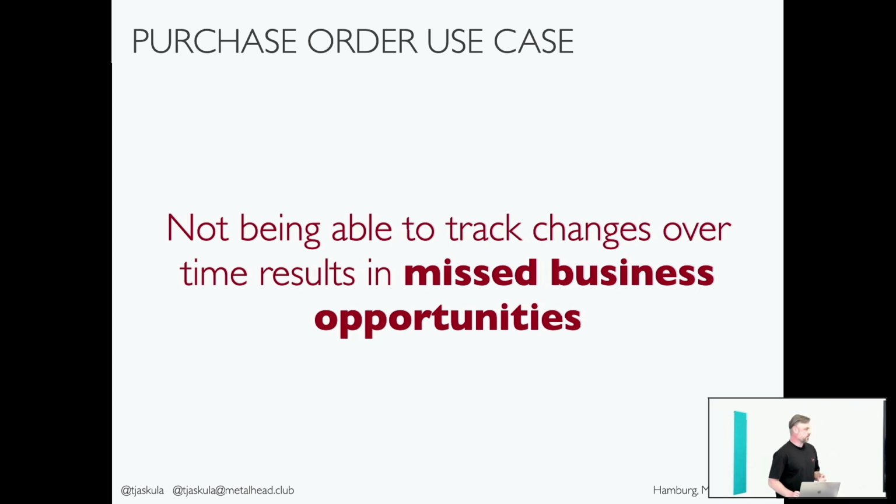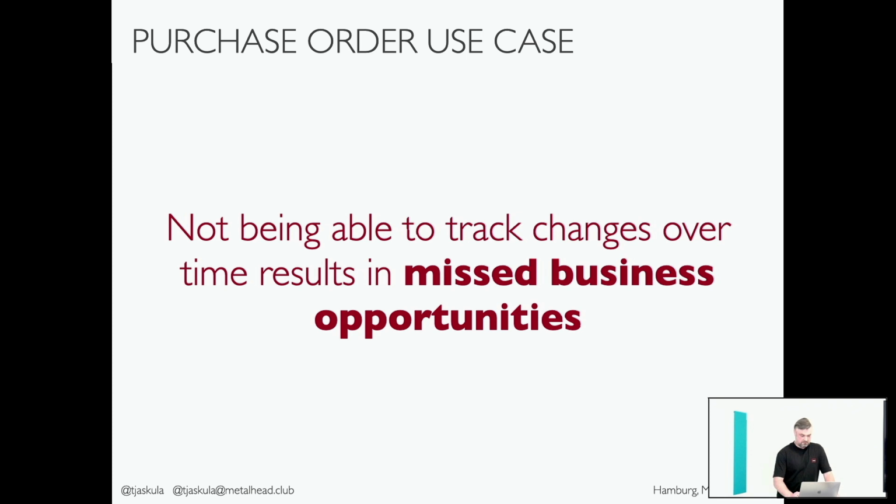Not being able to track changes over time results in missed business opportunities. For example, the purchasing department might work to consolidate orders of some alloys to achieve better discounts, or some suppliers might need to be deemed unreliable because they are delaying all the time before shipping orders.